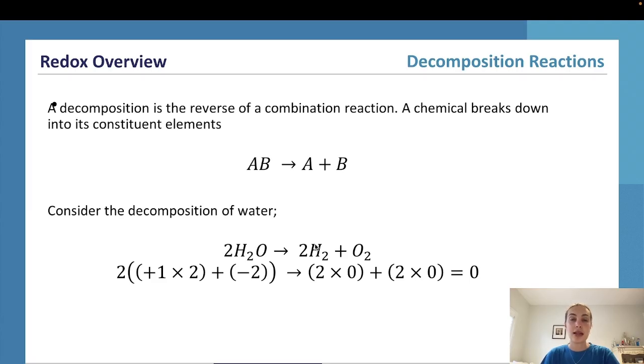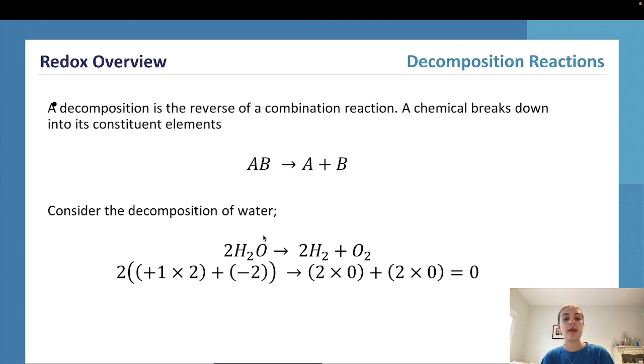So it's gaining an electron per hydrogen atom, whereas our oxygen is going from -2 per oxygen atom to 0 per oxygen atom. So we can say that the hydrogen, in going from +1 to 0, is gaining 1 electron per hydrogen atom, whilst the oxygen, going from -2 to 0, is losing 2 electrons per oxygen atom.